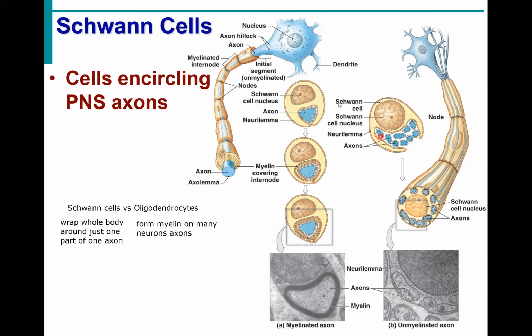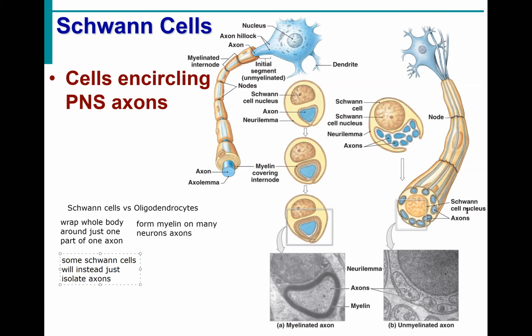Notice over here on the right, some Schwann cells will instead just isolate axons. That isn't true for oligodendrocytes.